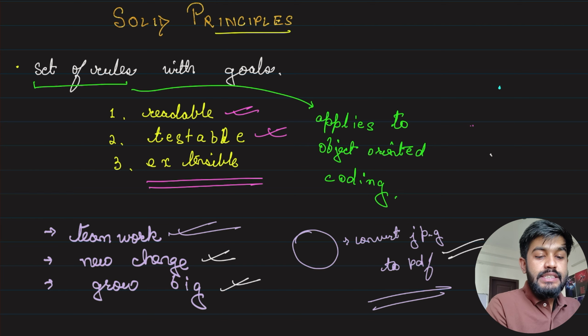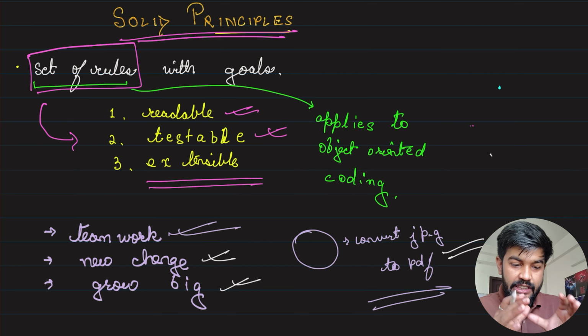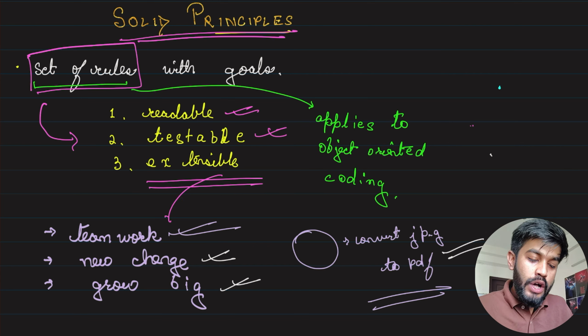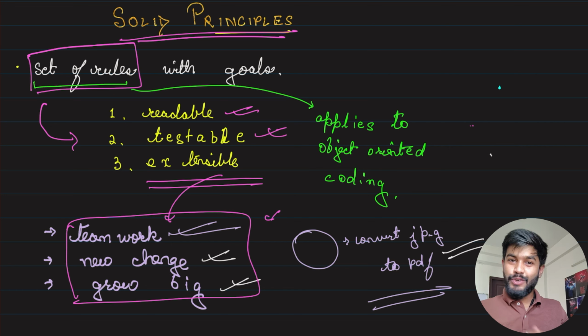So the SOLID principles are nothing but a set of rules which facilitate all these things. We have a set of requirements in SDLC, that is the software development life cycle, in real life.